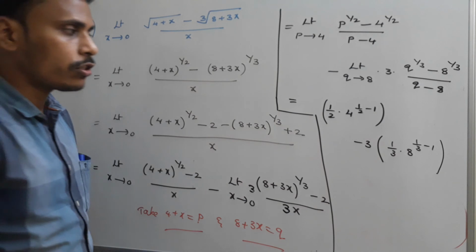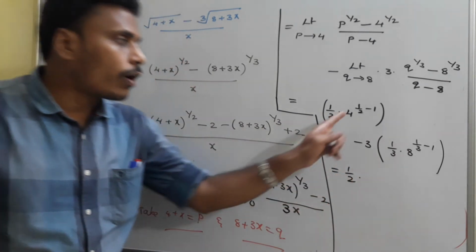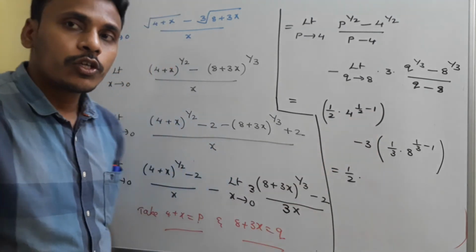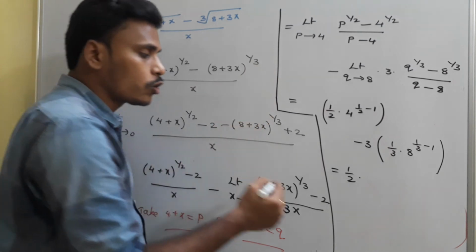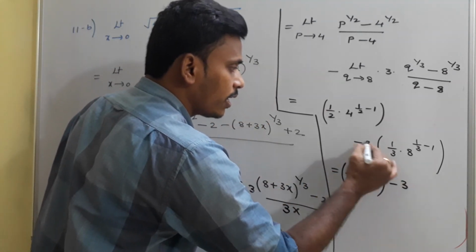That's what we need to simplify. So this is 1 by 2 into 4 power minus 1 by 2. 4 is 2 square, so 2 square to the power minus 1 by 2 is simply 2 power minus 1, which is 1 by 2. Minus 3 and 3 will get cancelled.